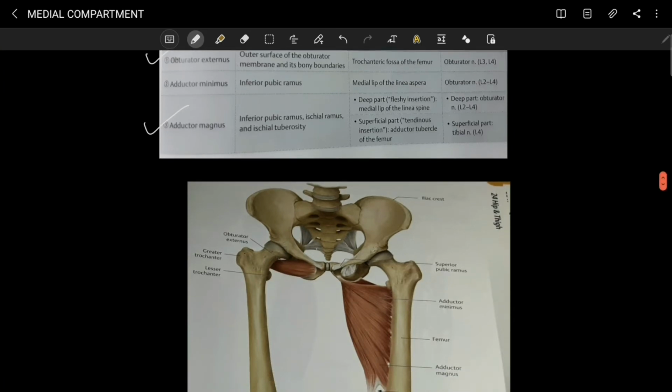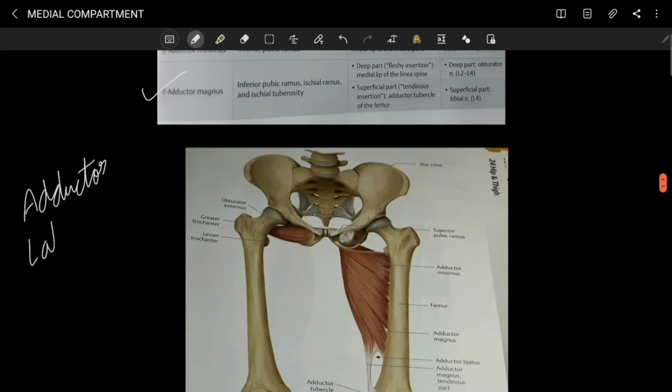The action of the obturator externus, it is generally an adductor, but along with that it is also responsible for the lateral rotation of the hip.